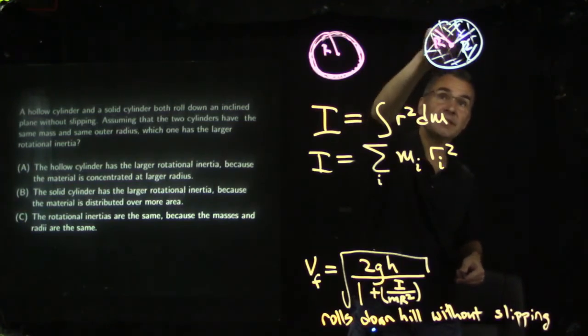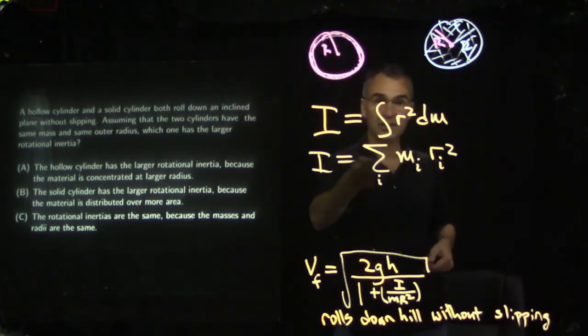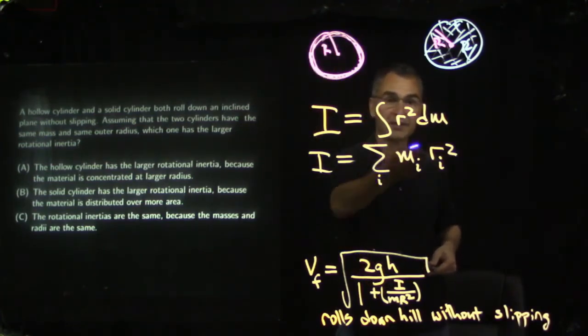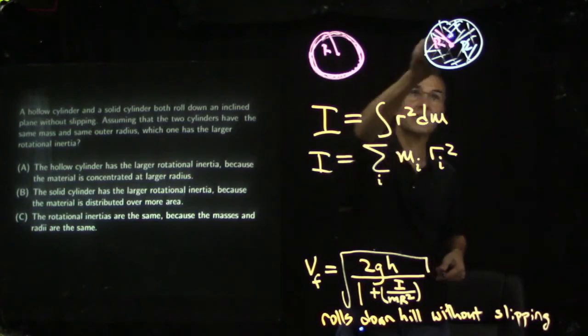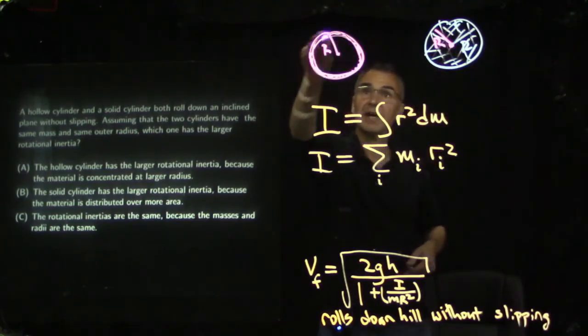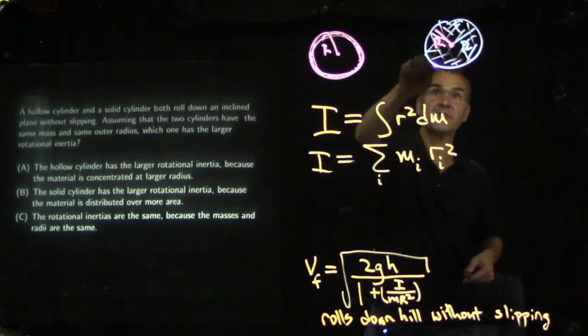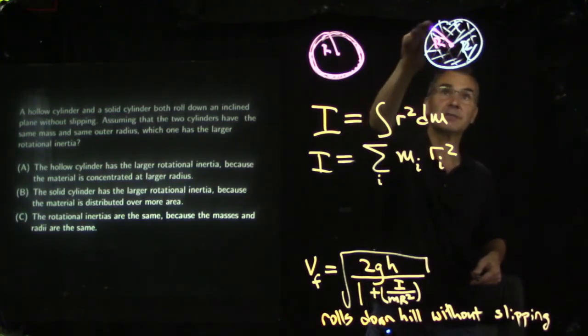So I think in this case, the mass is on average closer to the middle, whereas in this case, the mass is all at the outside, big R. So if we were going to do this big complicated sum, or this integral, we would get a smaller answer here because the mass is on average closer to the axis. Whereas here, the mass is all way out at R. The farthest mass here is at R, but it's only a little bit of it. Most of it is closer than R. Here, all of it is out at R.